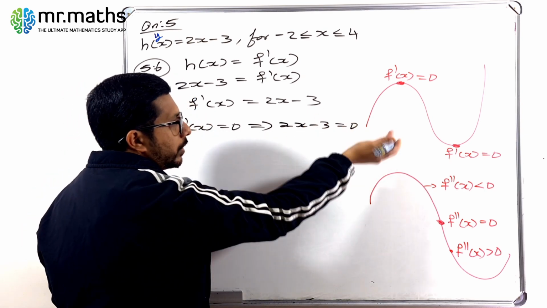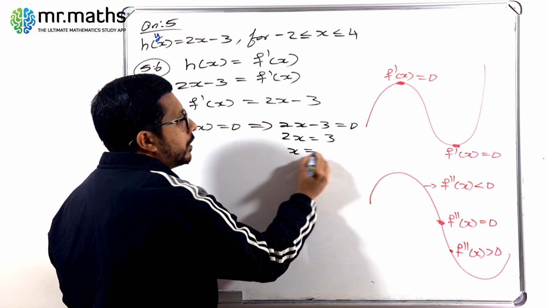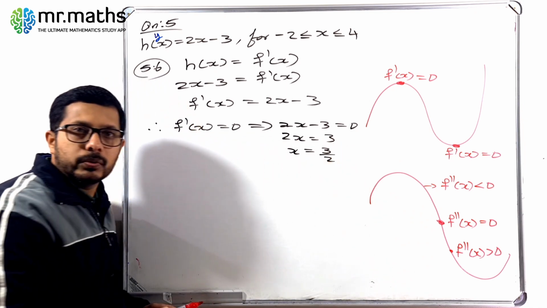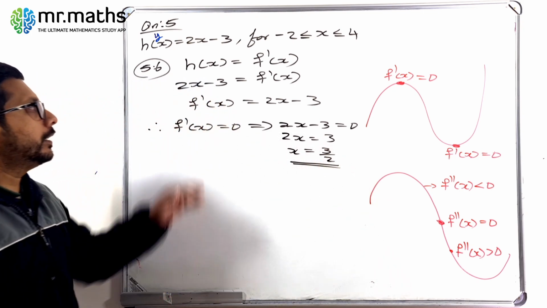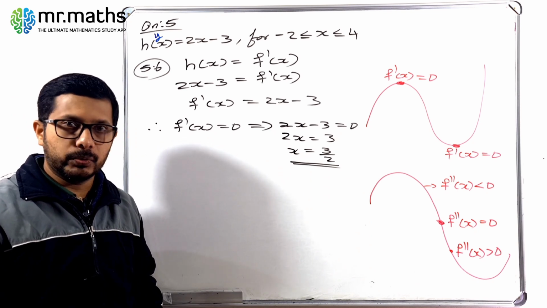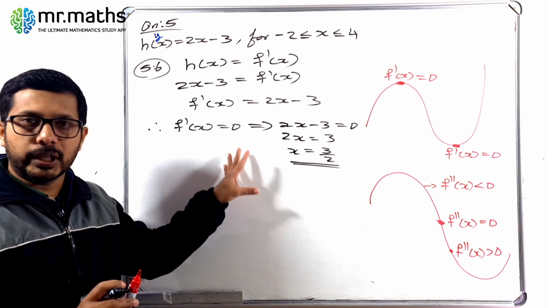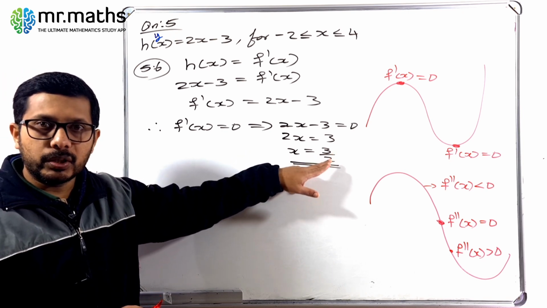So take this minus 3 to the other side, so 2x is equal to 3. What is x? x is equal to 3 over 2. It means that the turning point of this graph f dash of x is at x equal to 3 by 2. We got the x value of the turning point, that is 3 over 2.